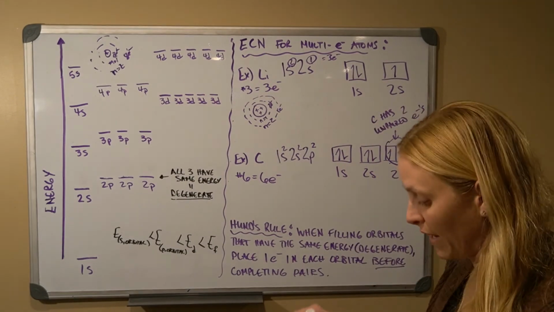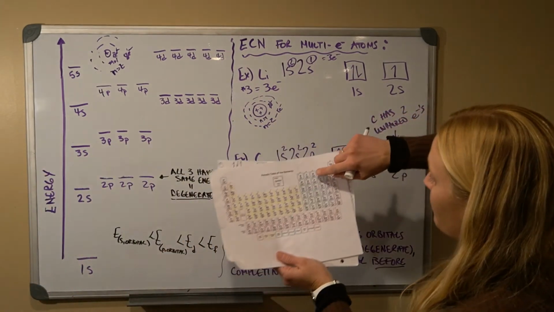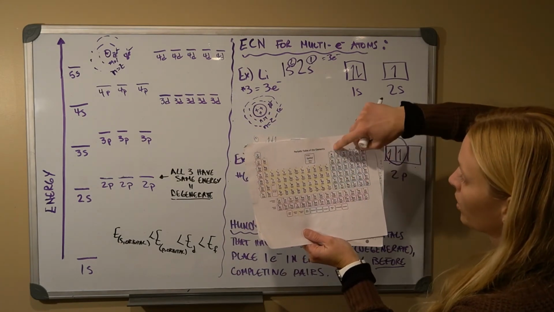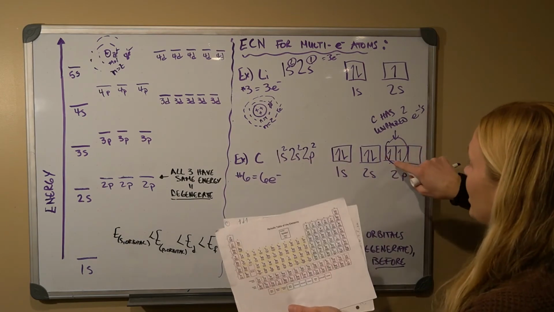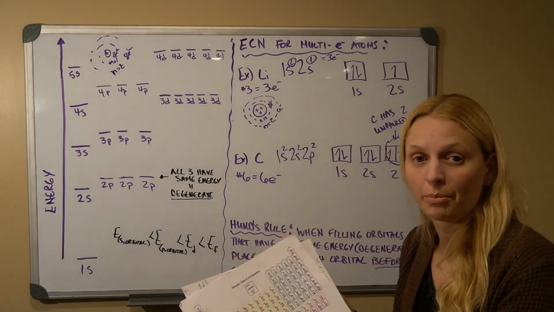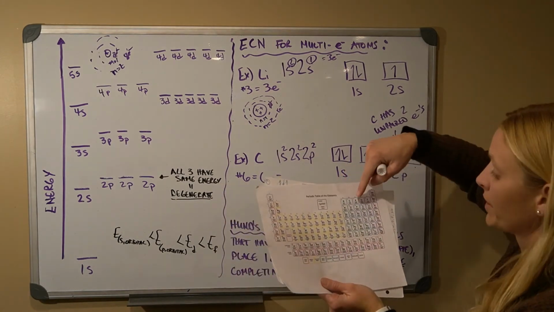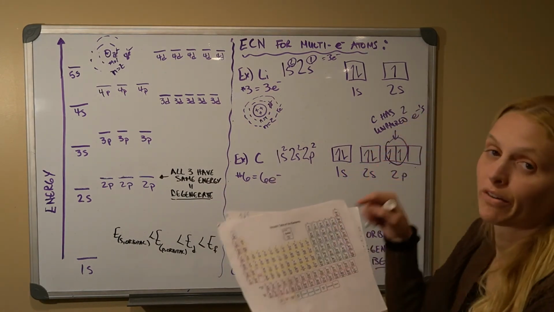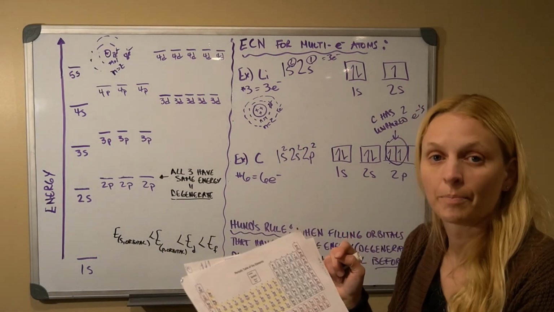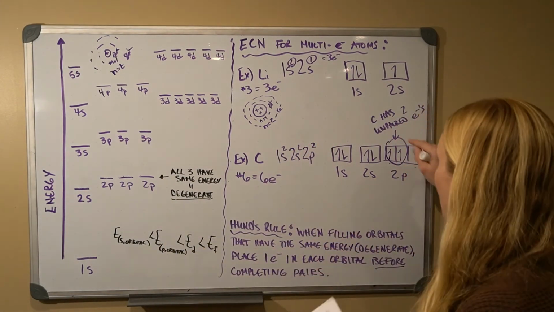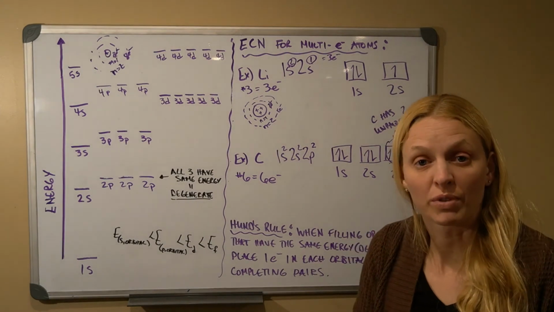What you're going to find out shortly is that all of the atoms in the carbon family are going to have the same number of unpaired electrons. The nitrogen family, they're all going to have the same number of unpaired electrons, whatever that is, and likewise the oxygen, the fluorine, and the noble gas columns as well. That's going to dictate and explain their reactivities.